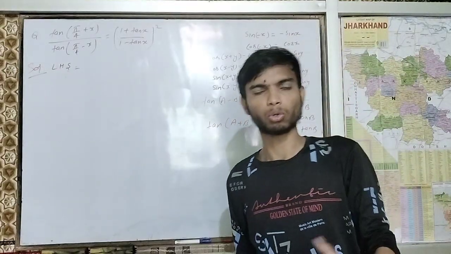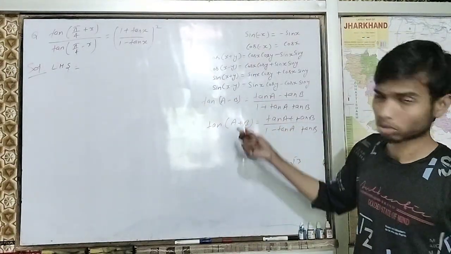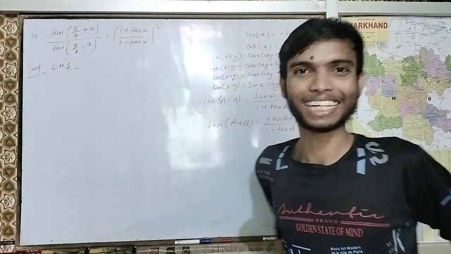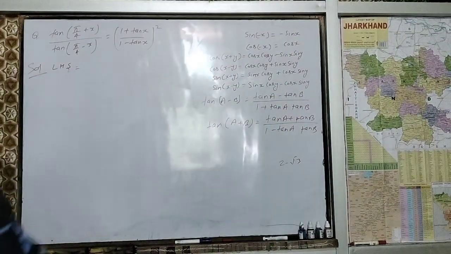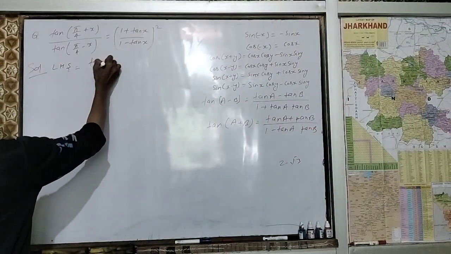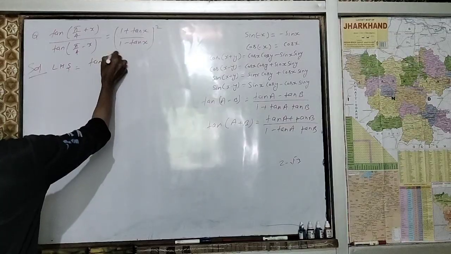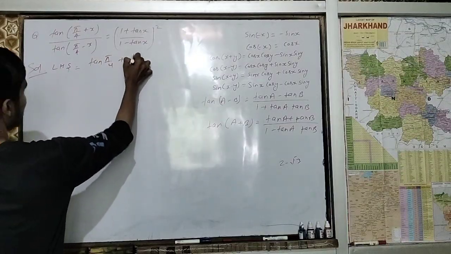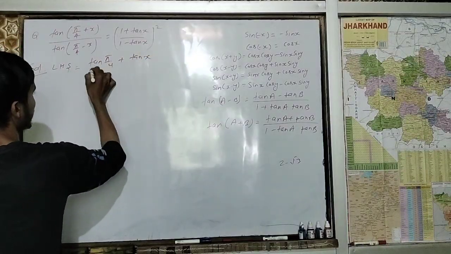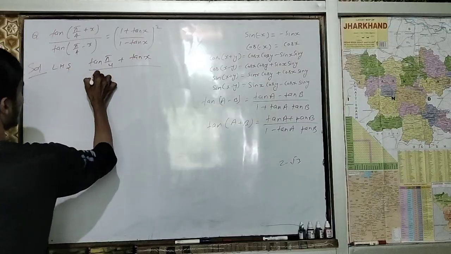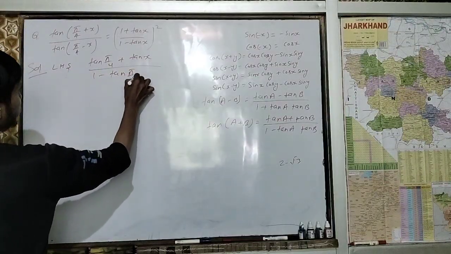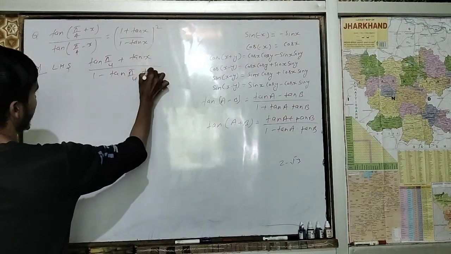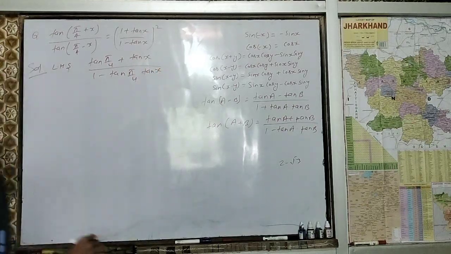Then here we observe we have the option to apply this trigonometric identity over here: tan(A plus B), tan(A minus B). Yeah, we can see. So this is tan pi upon 4 plus tan x upon 1 minus tan pi upon 4 into tan x. That is what is happening over here.